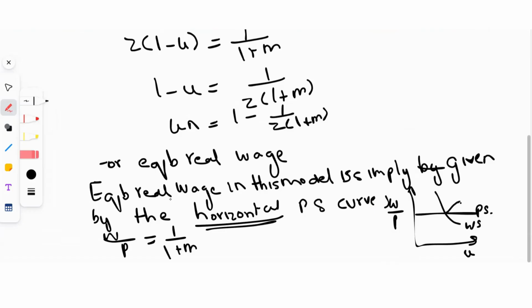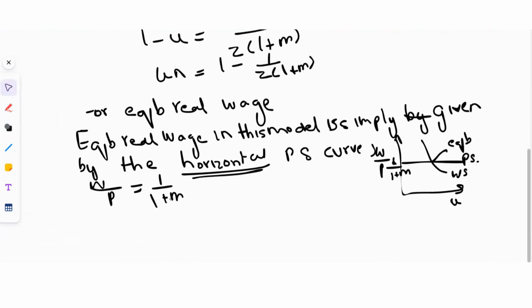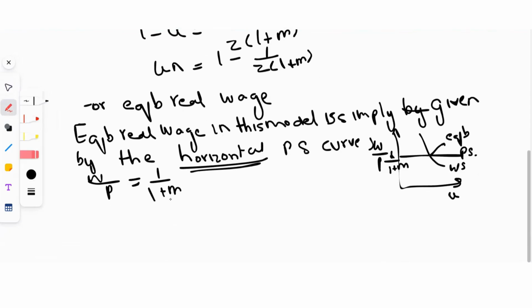Equilibrium occurs where WS is equal to PS, and this is the equilibrium real wage, simply given by the horizontal PS curve, which is 1 by 1 plus N. So you don't really have to find the equilibrium real wage, it's simply given by the horizontal PS curve.